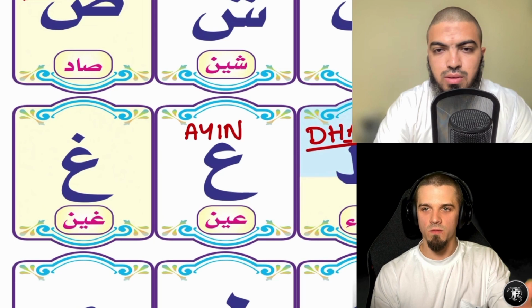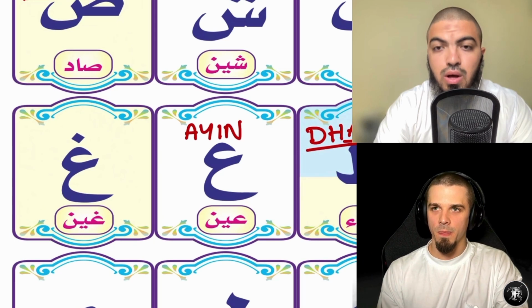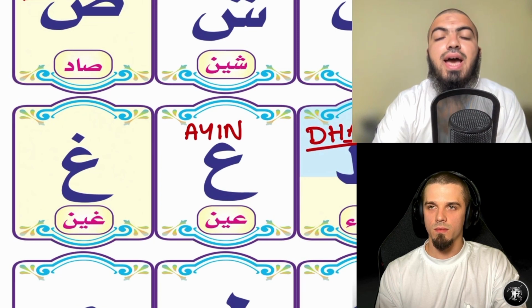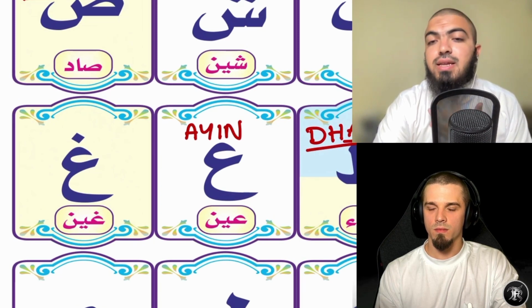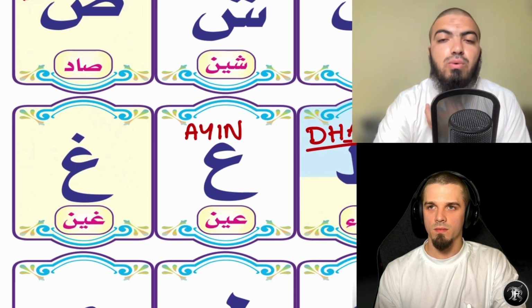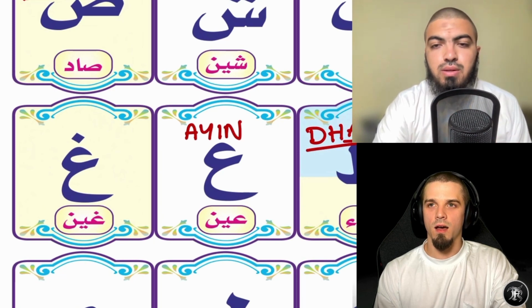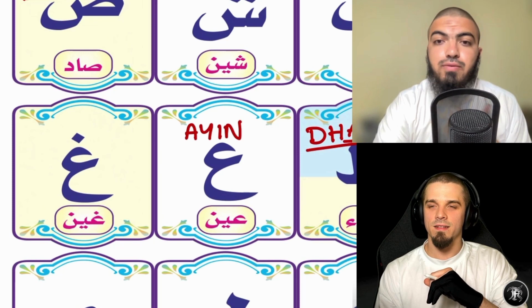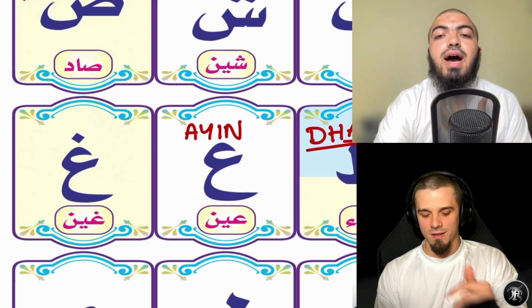Where does this come from in your throat? Oh, it comes from the throat. If you say it, then you find this vibration in your throat. If someone wants to try that, you will find a lot of vibration here.